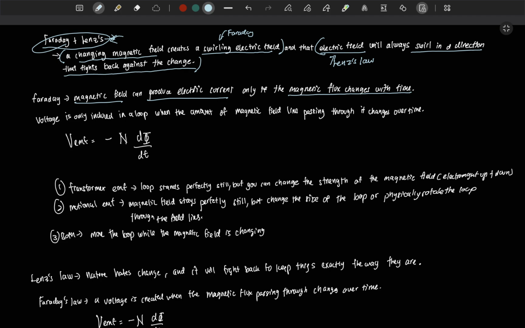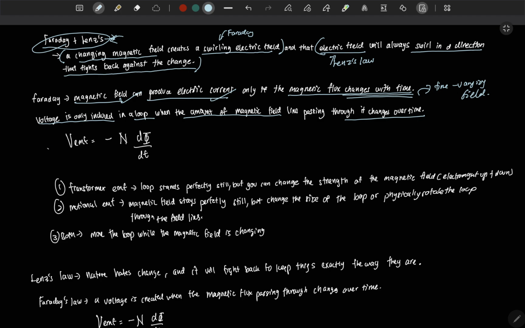But if we expand it, Faraday said a magnetic field can produce current only if the magnetic field changes over time. This relates to the time varying field. Voltage is only induced in a loop when the amount of magnetic field changes over time. So this is an elaborated explanation.